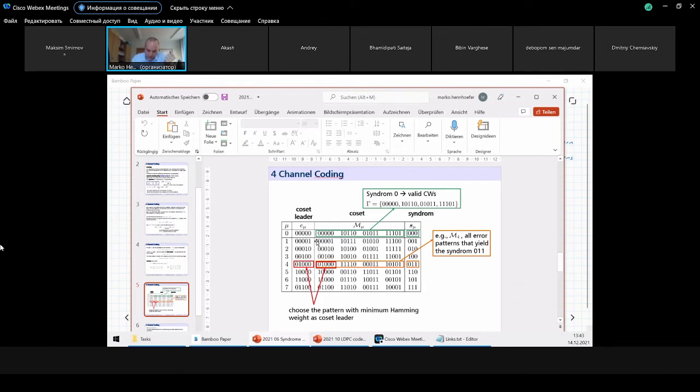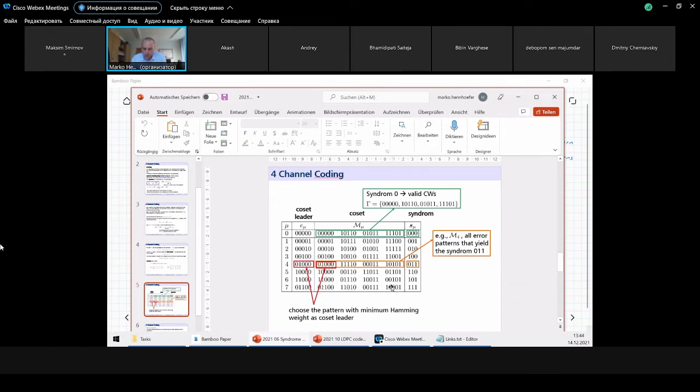But for all single error patterns, look at this one: the first, second, fourth, fifth. So all single errors can be corrected. For the double errors, we have some probability that things will go wrong. Also in the last row, we have two ones here and also two ones here.